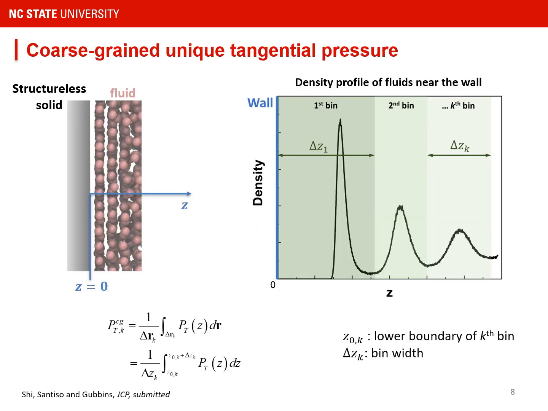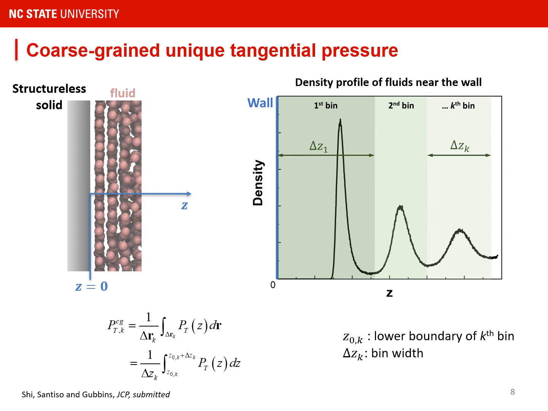And here is how we define this effective or coarse-grained tangential pressure. On the left, I showed you a snapshot of the fluid structure near a solid wall, and on the right, we have the corresponding density profile. The x-axis is the z-distance from the wall. You can see the fluid shows a strongly layering structure near the solid. What we did is to divide each adsorbed layer into a separate bin.